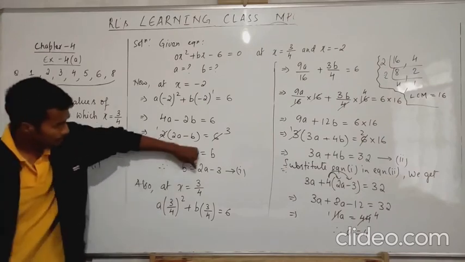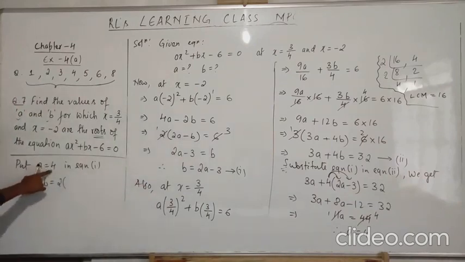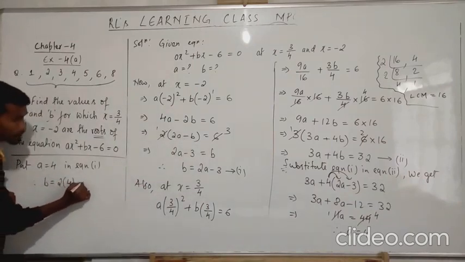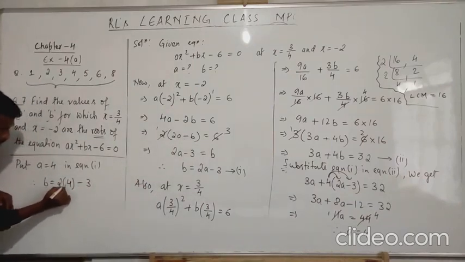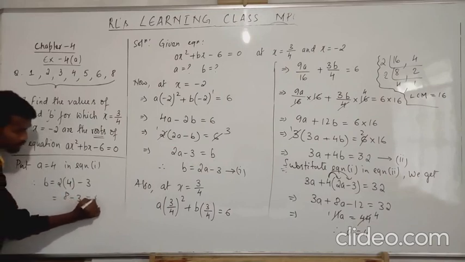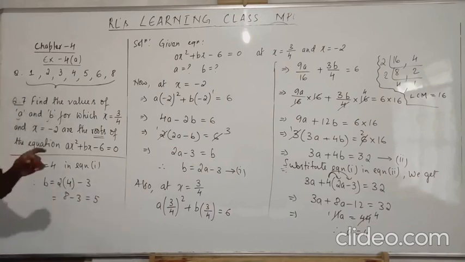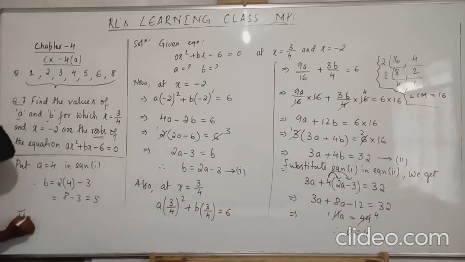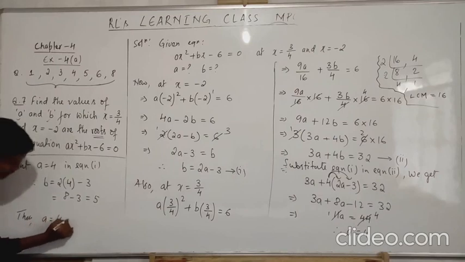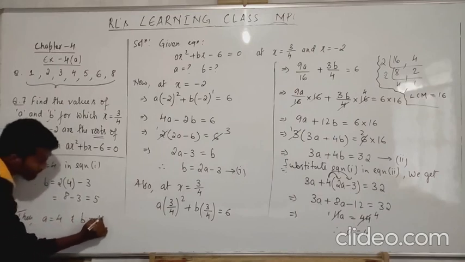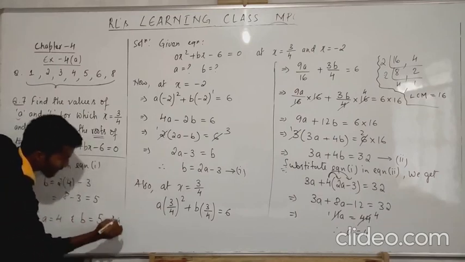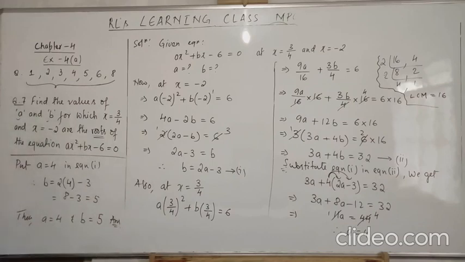Now in place of this a, how much do I have to put? 4. Then 4 minus 3. Then 2a minus 3 is equal to 5. Now we got the value of a as 4 and the value of b as 5. Thus a is equal to 4 and b is equal to 5 will be the required answer of this question number 7.